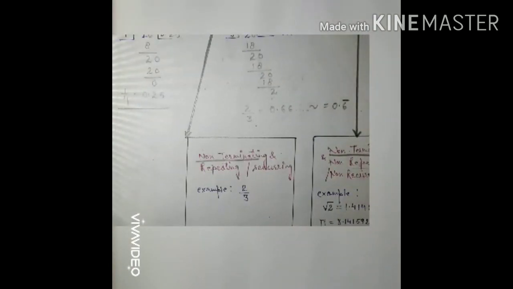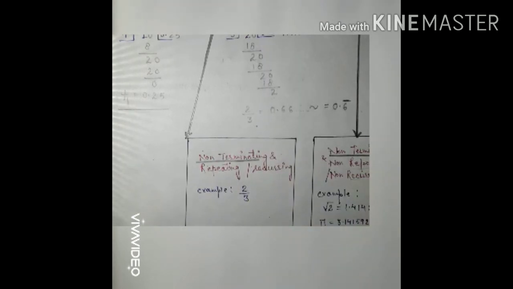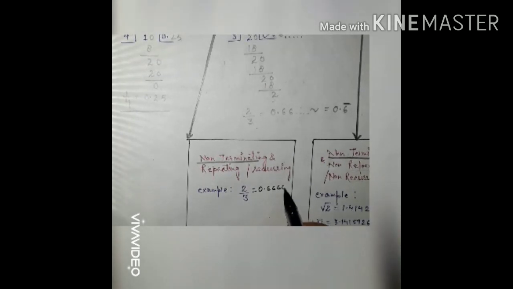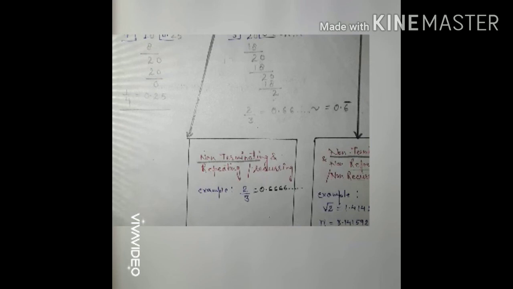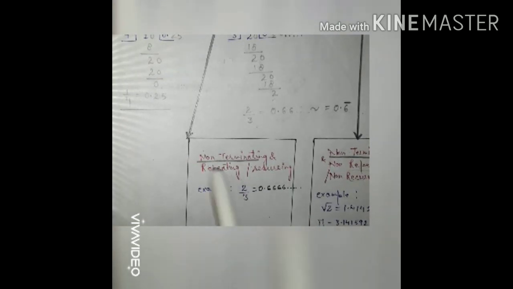The first one is when the decimal is repeating, or recurring. Repeating and recurring both are the same. In this case when we divide, we get 0.666 and it goes on. That means the digit 6 is repeating, so we call it a non-terminating repeating decimal.